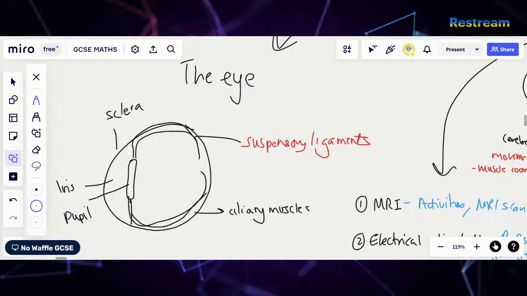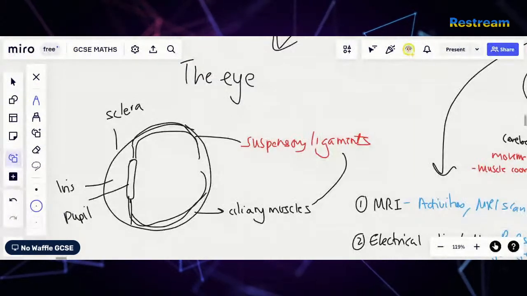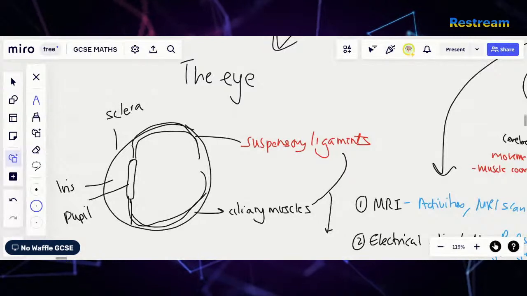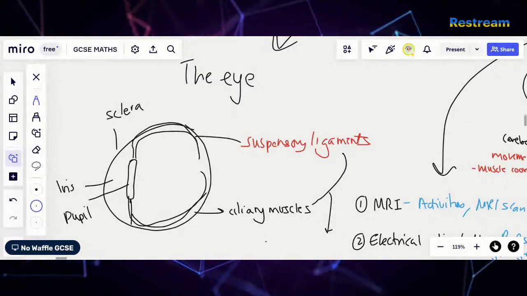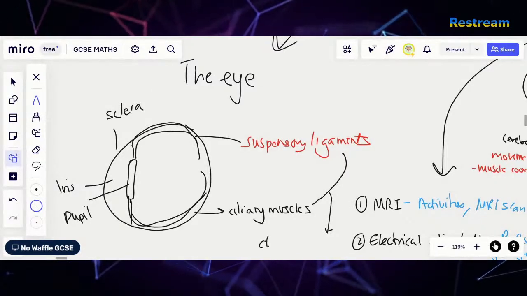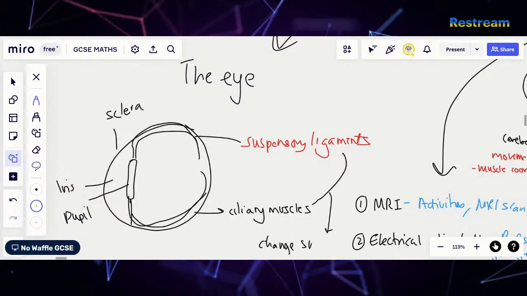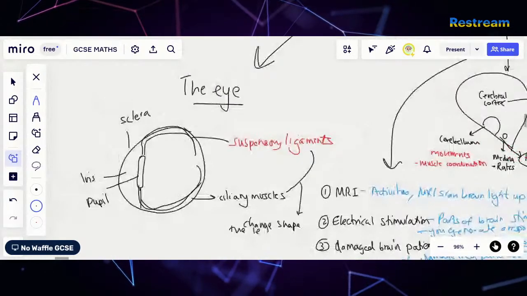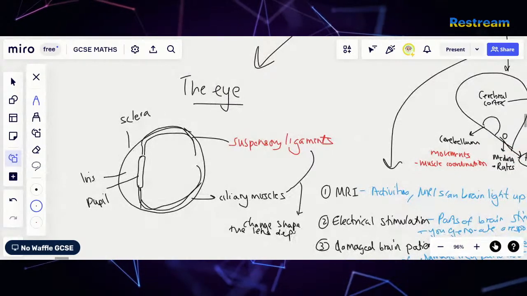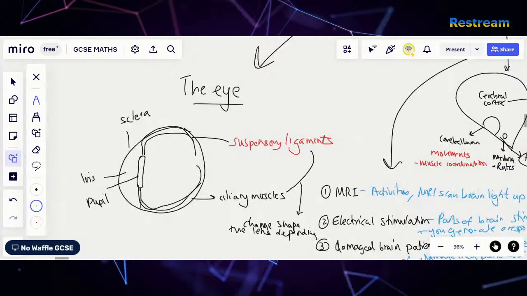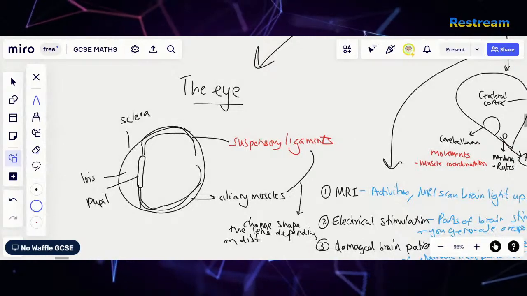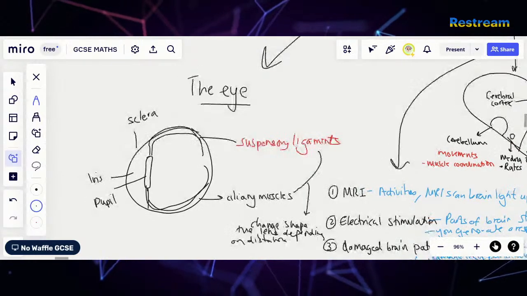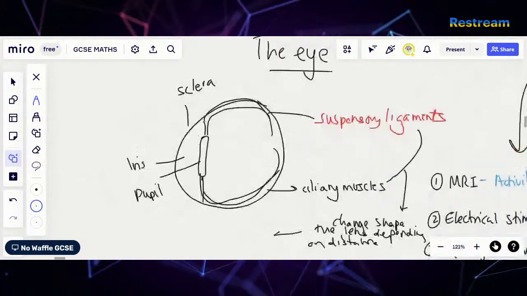It's called accommodation, which is what these two muscles do: they change the shape of the lens depending on the distance that they're viewing. And this whole idea of changing the lens shape is called accommodation.